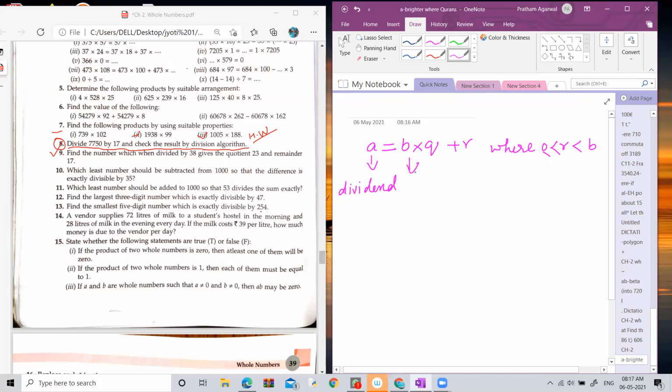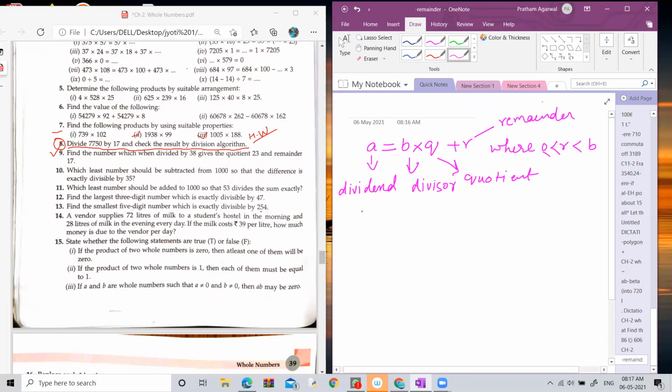B is what? Please write it down in the chat box. What is B? Quickly write it down in the chat box. Here, B is the divisor. Q is the quotient, and R is the remainder.